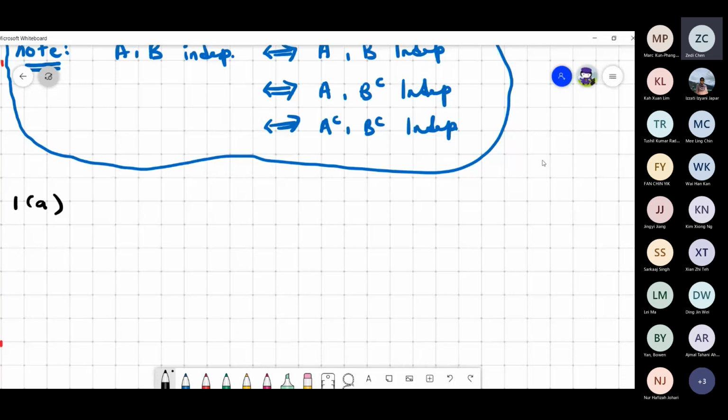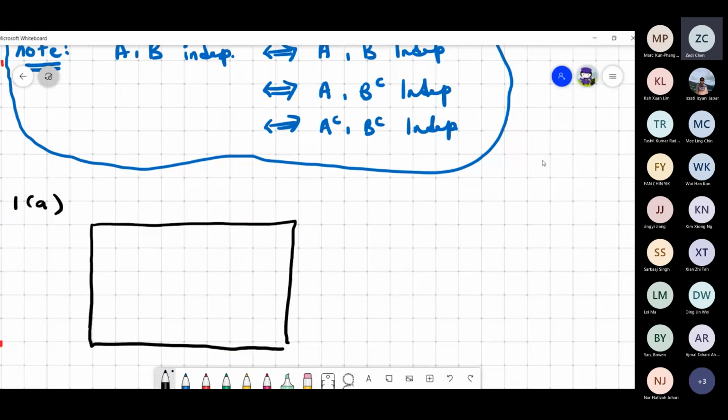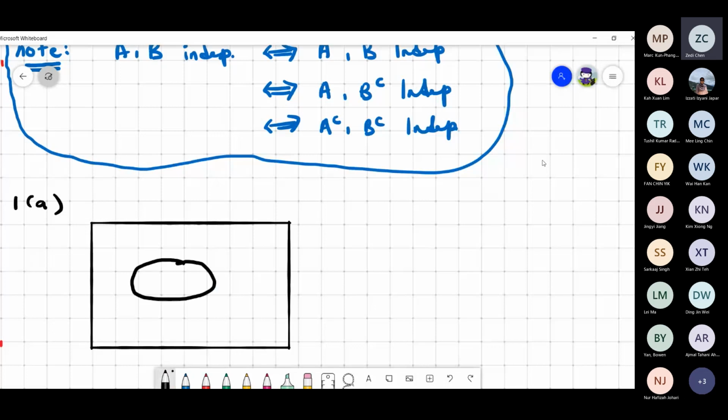As usual, let's suppose this is the diagram. So you have this diagram here. And supposing this is your A. So this is A, and this is A complement, right?